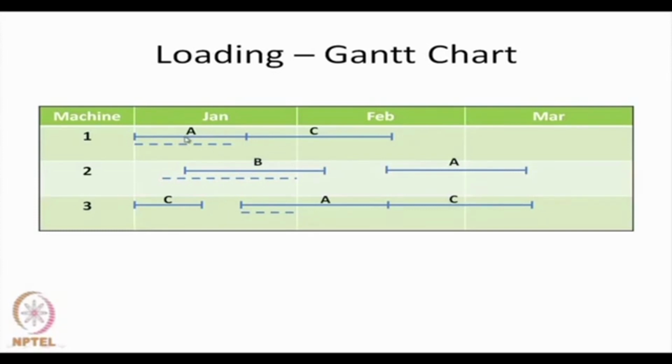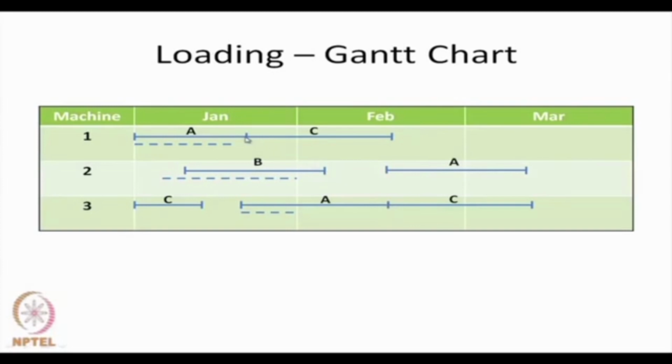You can see that after the work in machine 1 is complete, the work for A can start in machine 3, and after the work on machine 3 is complete, work on A can start in machine 2 only after that. That is why this line and this line are vertically aligned, and the end point of this and the starting point of this are also vertically aligned.